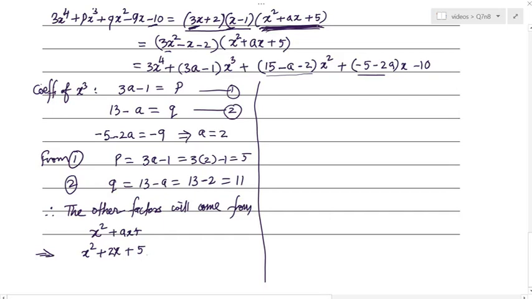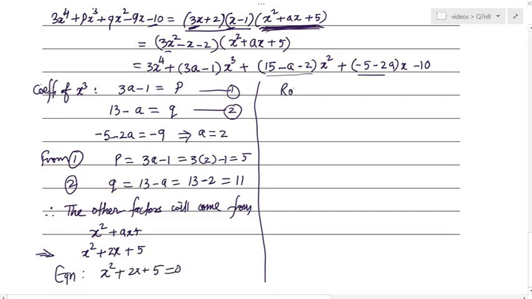Now again, we need to factorize it. We'll need to first convert that into an equation and find the roots and then write them as factors. So the corresponding equation is x squared plus 2x plus 5 equals 0.